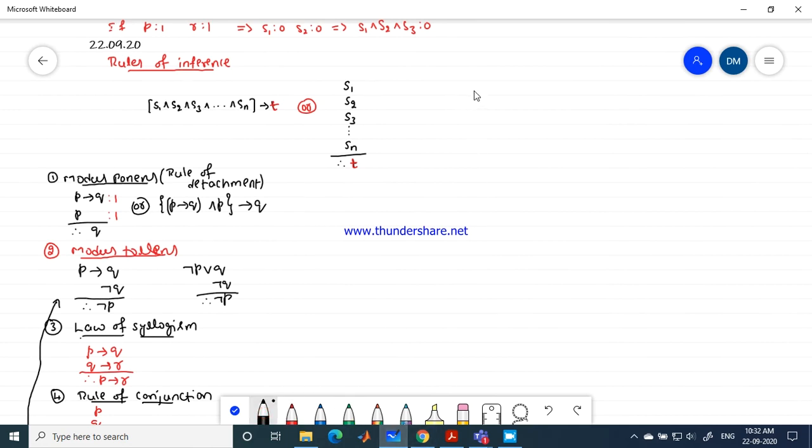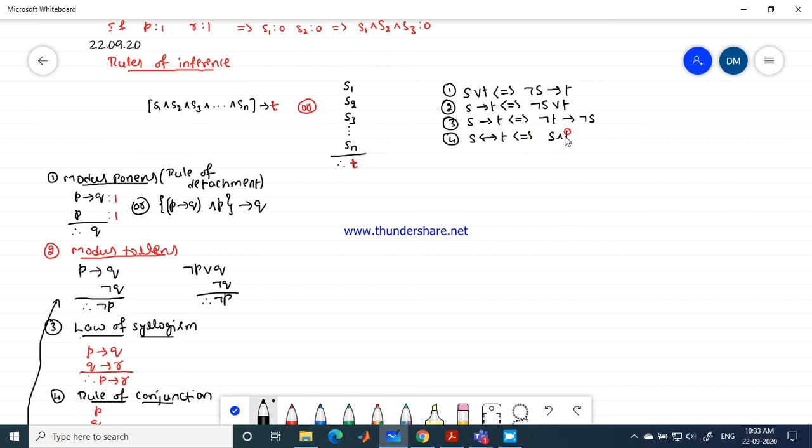You should remember these results also. S disjunction T is always logically equivalent to negation S implies T. Second, S implies T is always logically equivalent to negation S or T. Third, S implies T is always logically equivalent to its contrapositive, negation T implies negation S. Fourth, if we have S biconditional T, we can't handle it directly.